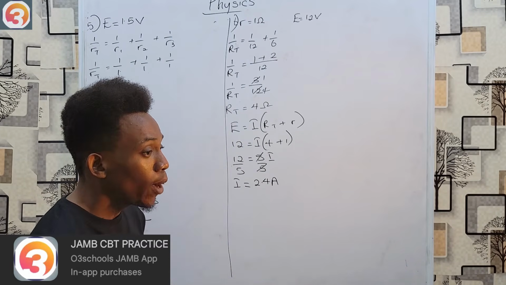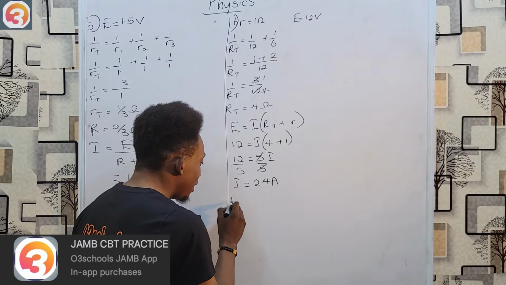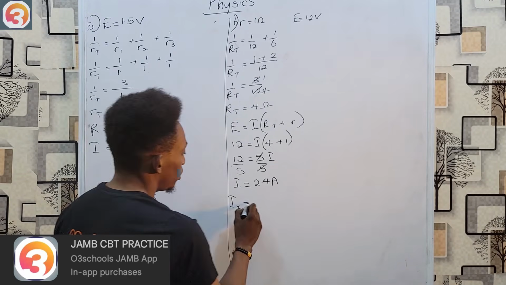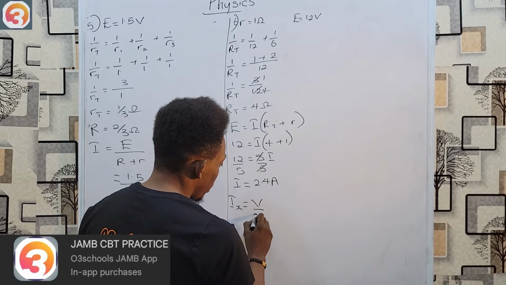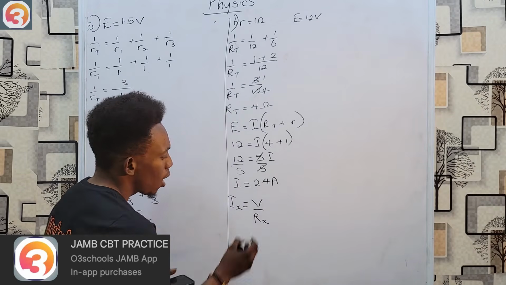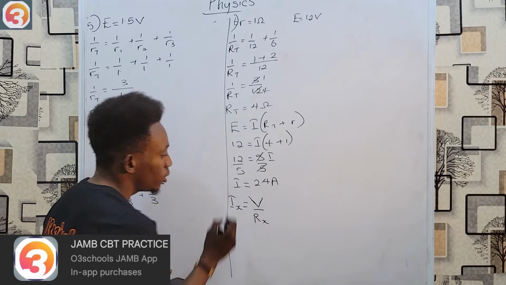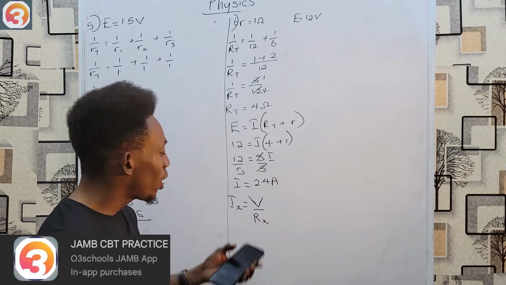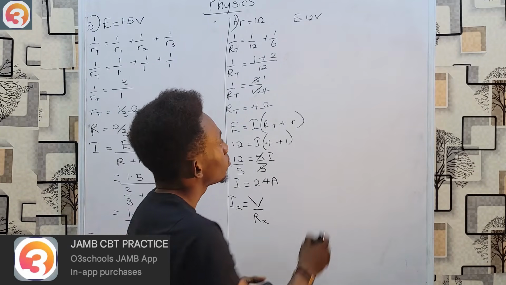We are aware that current in any device in a parallel connection is the voltage over that resistance. However, right now, I do not know this voltage. So what I have to do is find my terminal voltage and divide by my resistance.